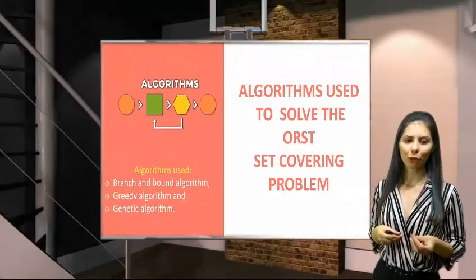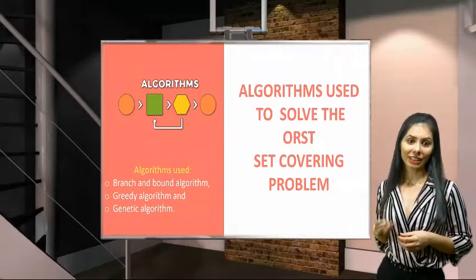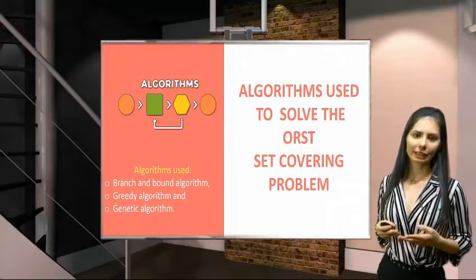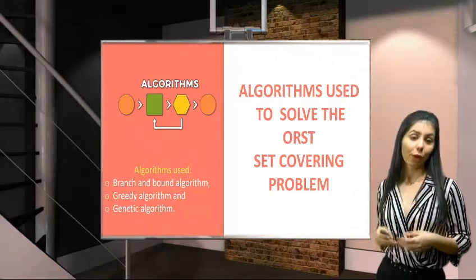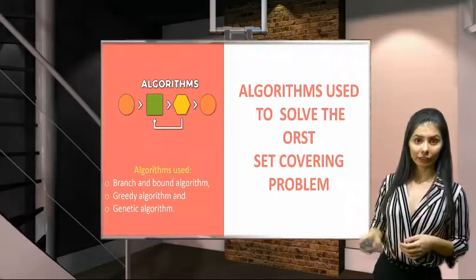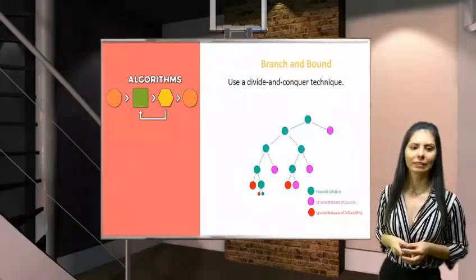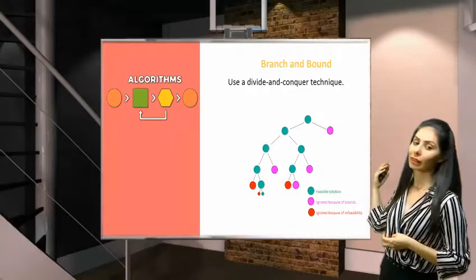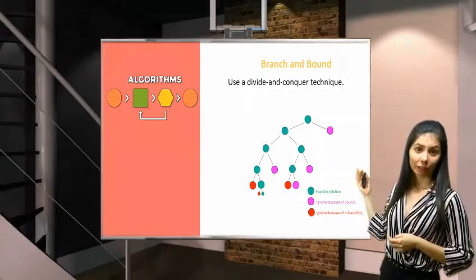So, to solve the ORST set cover problem, we select 3 state-of-the-art algorithms, which are branch and bound, greedy, and genetic. The first one is branch and bound. It uses a divide and conquer technique.